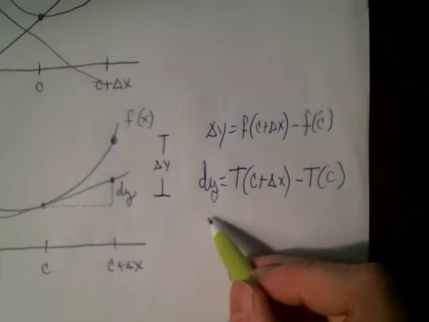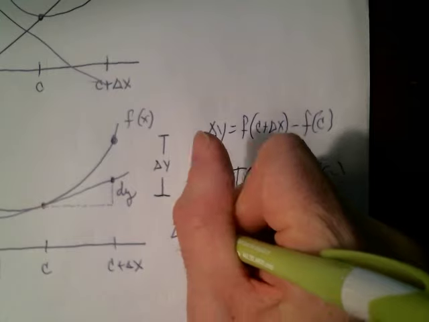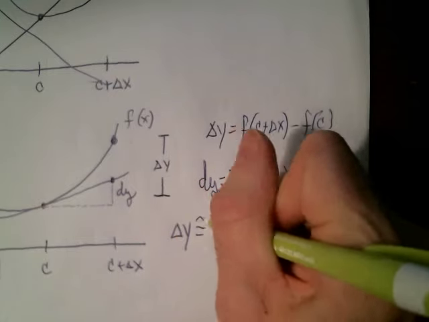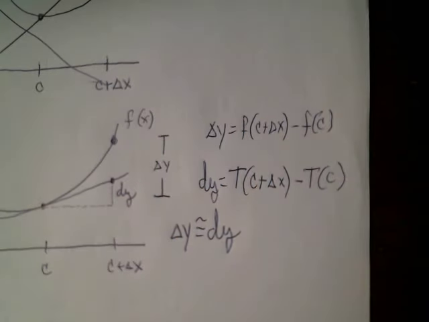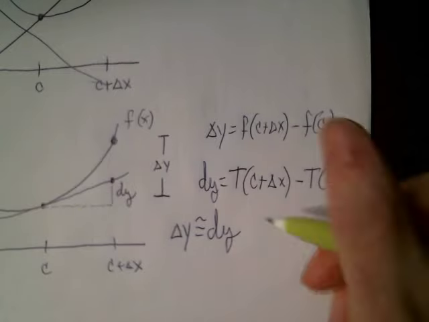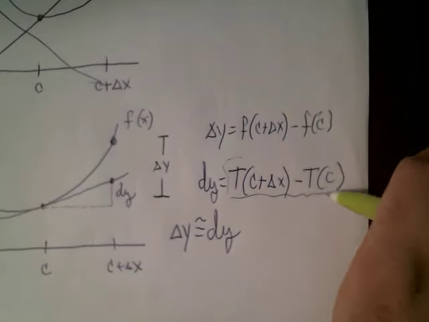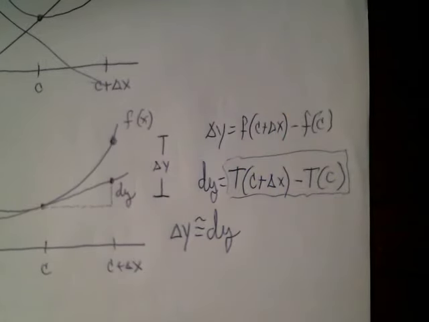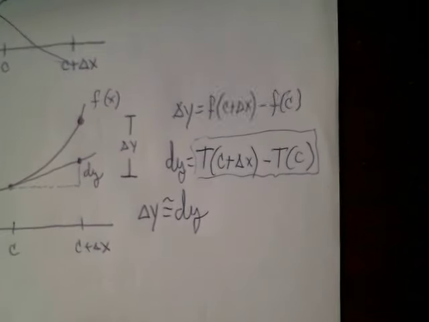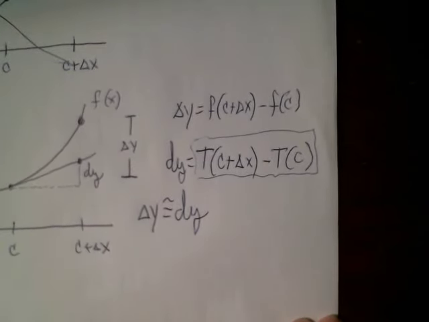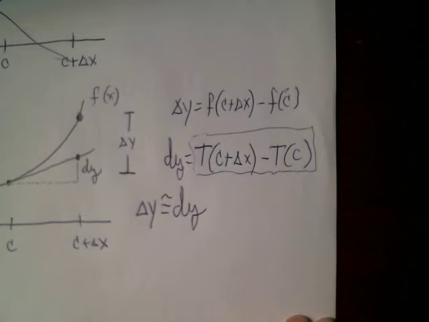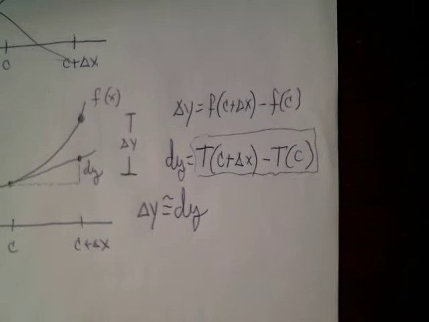And ultimately what we're saying is we want to approximate delta y with dy. Okay, so anyways, let's get a nicer expression for this. And we can use our formula from before, this t of x formula.